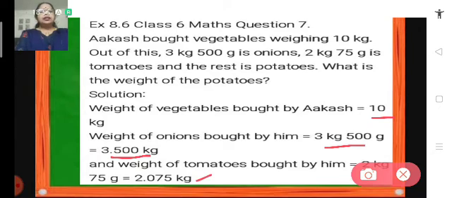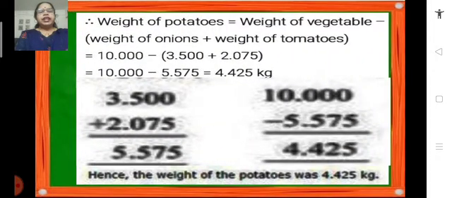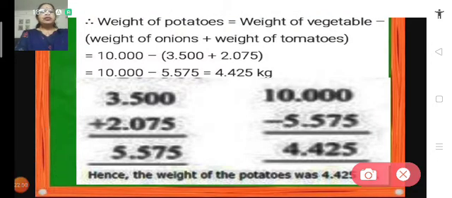So to get the weight of potatoes, what should we do? We should first add the weight of onions and tomatoes, and the sum has to be subtracted from the total weight of the vegetables bought by Akash. Let's see how we do this. The weight of potatoes is the weight of vegetables minus the weight of onions plus tomatoes.